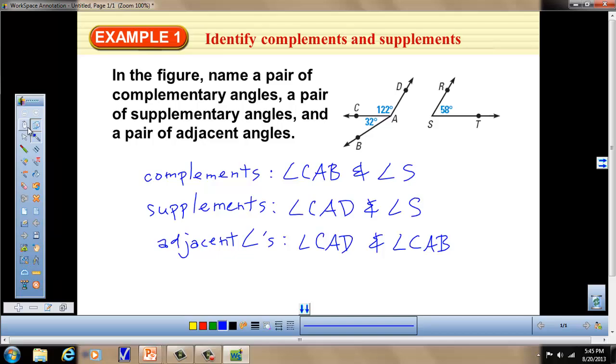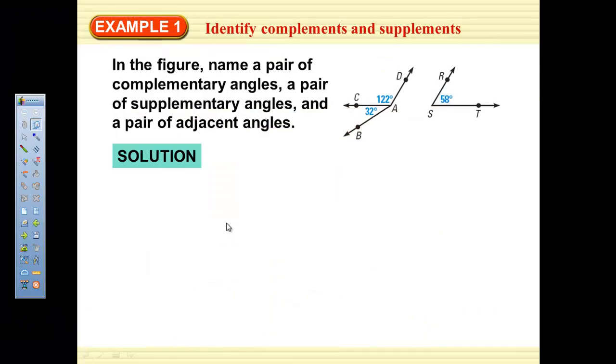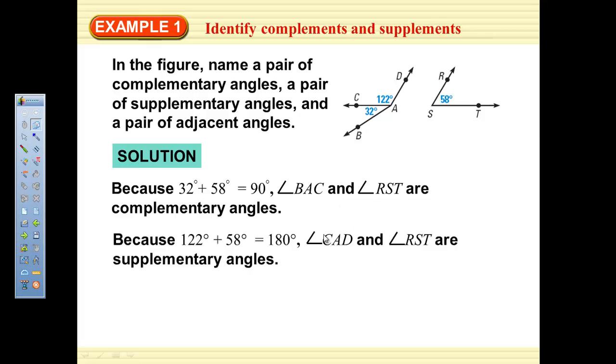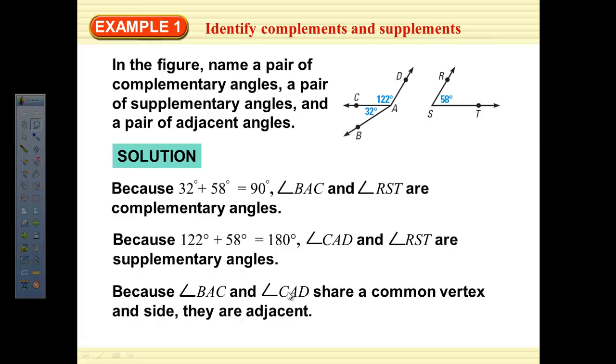Okay? So again, looking at this, those two angles equal 90, so BAC and RST or S. These two angles equal 180, so CAD, and again, angle S or RST. And finally, these two angles share a common vertex and a common side.